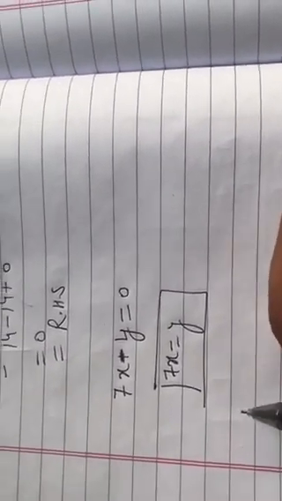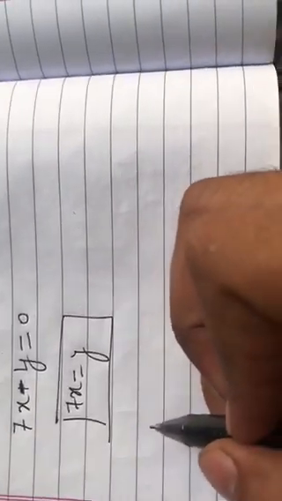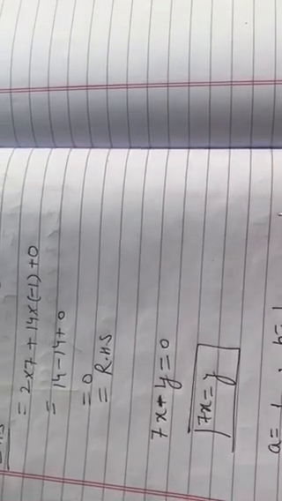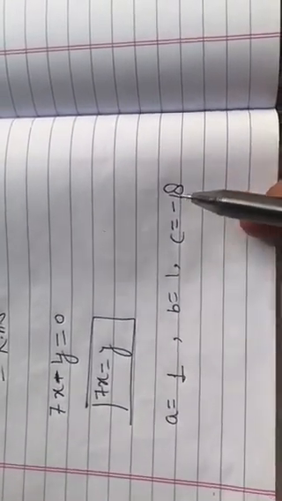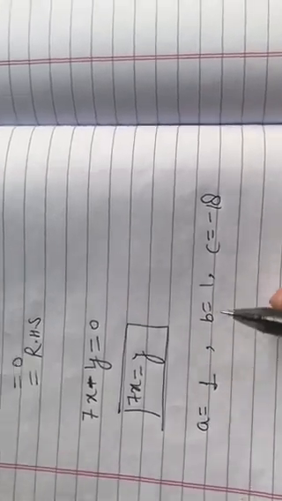Now suppose the value of a is 1, the value of b is also 1 and the value of c is -18. Now substitute these values.